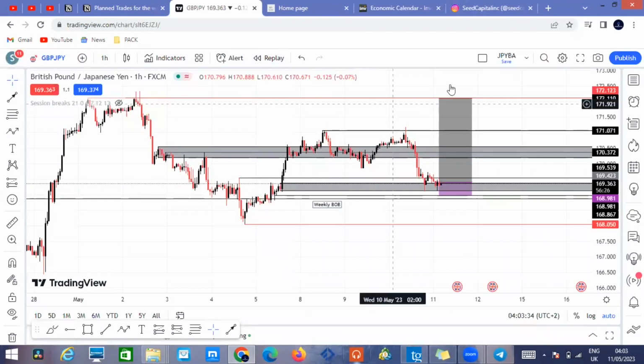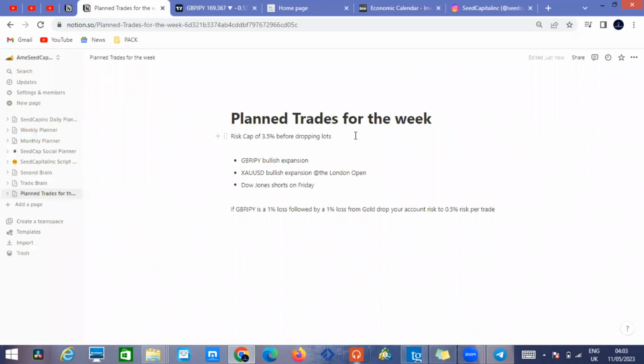Okay guys, now this is my plan. Let me just open up my planner. Plan trades for the week, risk cap of 3.5% before dropping lots. A tip for you guys: I have been through quite a number of forex challenges before, and the one thing I will advise you to do, which I never really did, is be defensive.